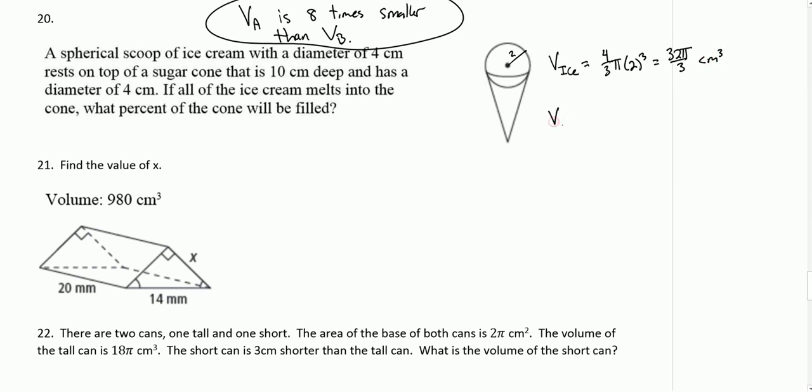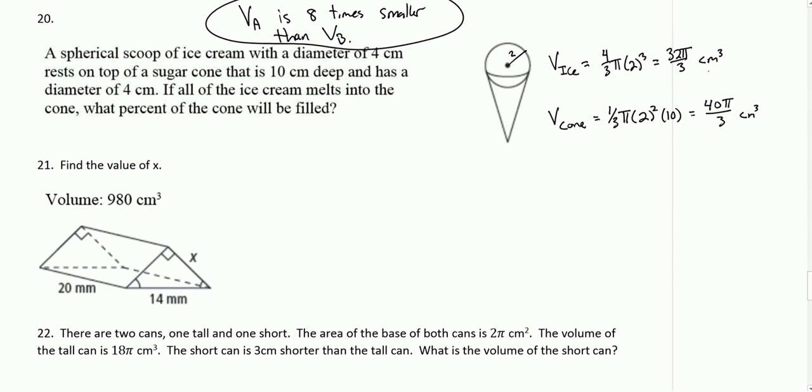Now the volume of the cone is 1/3 pi times the radius squared times the height, which is 10, and that comes out to be 40 pi over 3 cubic centimeters.